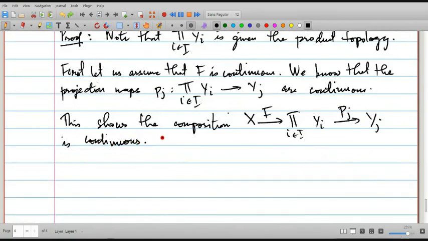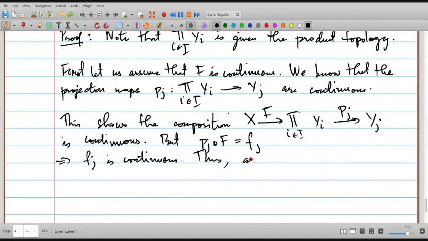But the composition is exactly equal to small f_j. So this implies that, and this happens for all j, f_j is continuous. So thus all the f_j's are continuous. So this proves one direction.